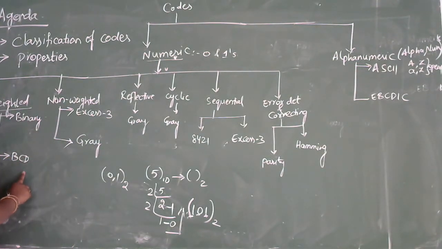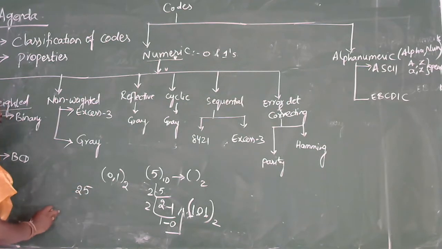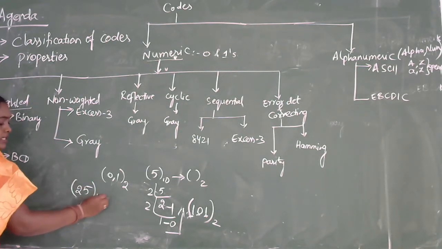Coming to BCD, the next code is binary coded decimal. In binary coded decimal, we are not representing the complete number through a division process. Here, each and every individual digit is represented by its 4-bit equivalent. Now let me take 25, a decimal number.